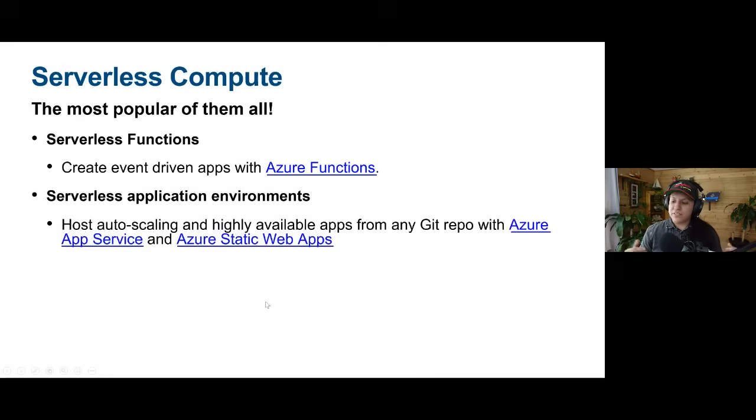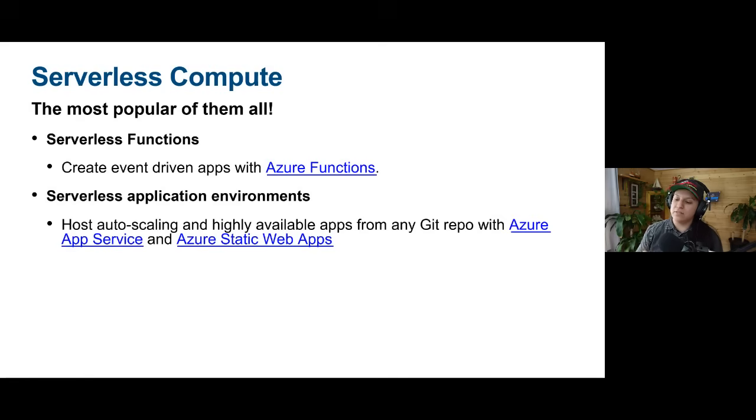The next area we have here is serverless application environments. Maybe you have an application that is already built somewhere, hosted on some sort of Git repo, GitHub, Azure DevOps, etc. And you want to deploy that somewhere, but you don't want to worry about hosting, figuring out the load balancing, making sure it's highly available, or how you can handle the auto scaling, all those things like that.